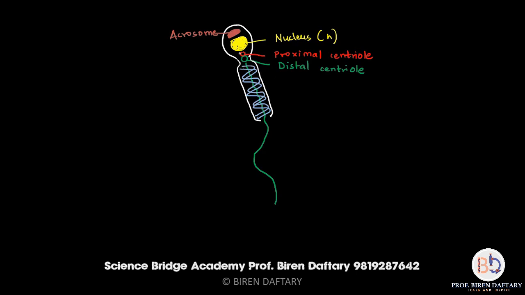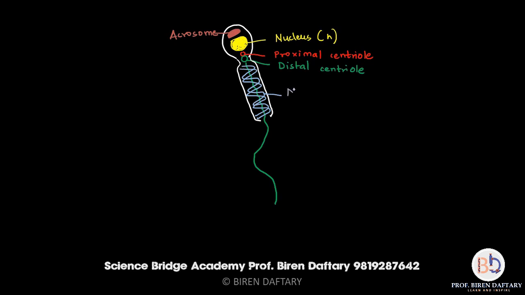Alright, so this initial portion is called the head, which consists of acrosome and nucleus. Then the neck, which has the proximal centriole and distal centriole. Below the neck is present the middle piece, which has the axial filament wrapped around by mitochondria. So we will label this.